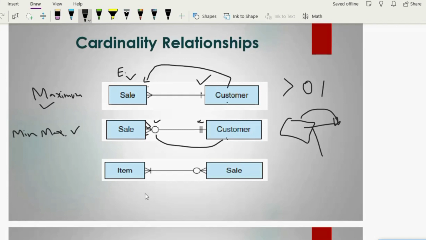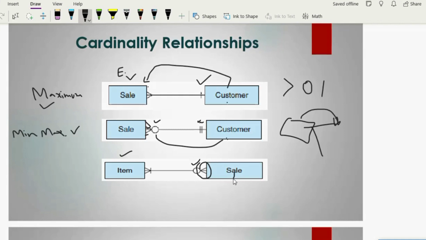Let's move on towards another relation diagram, that is many to many, or you can say maximum and minimum, both another example. So see here, one inventory item could have no sale during the month, but it could have maximum of many sales during the month. Maybe many customers have purchased this inventory item.